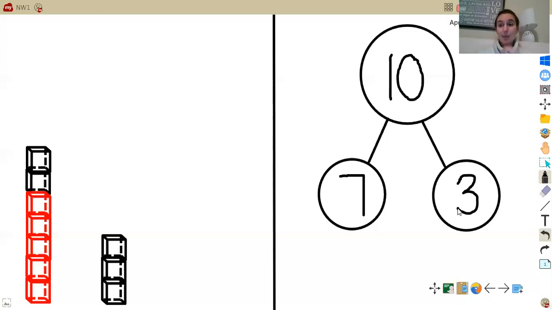So our number bond shows us that 7 and 3 make 10. Or we can say 10 minus 3, because we took 3 cubes away, equals 7. So 10 minus 3 equals 7.